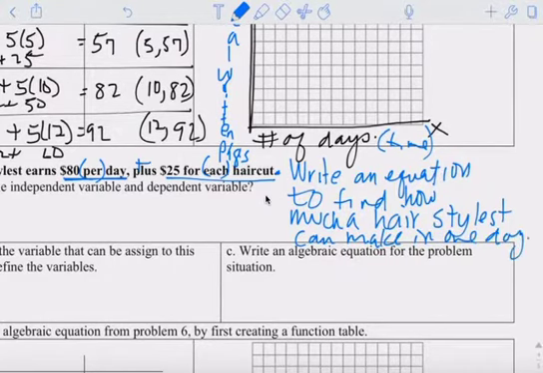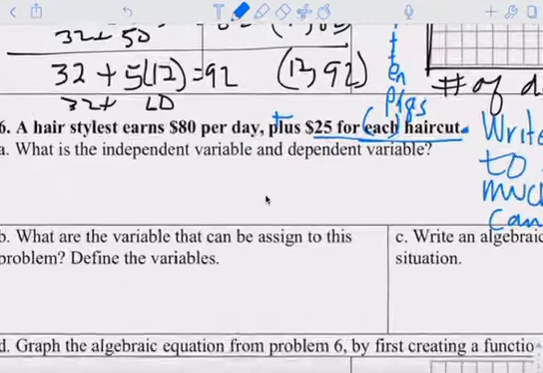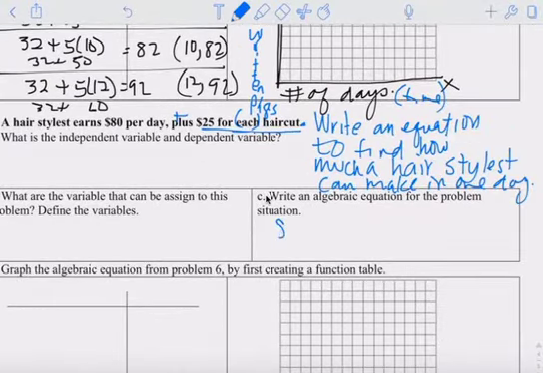So we're talking about one day. In one day they earn a maximum of $80, plus $25 for every haircut.